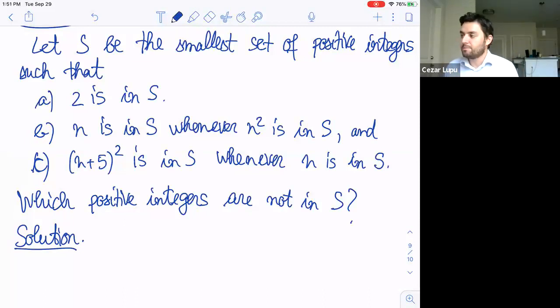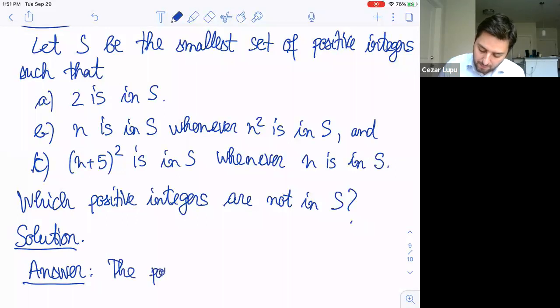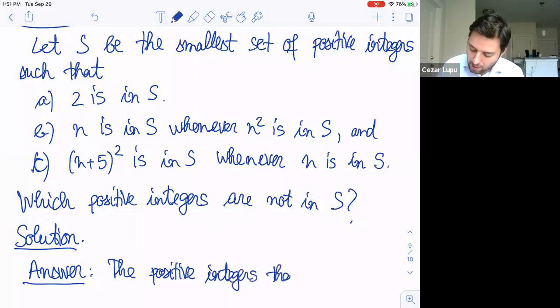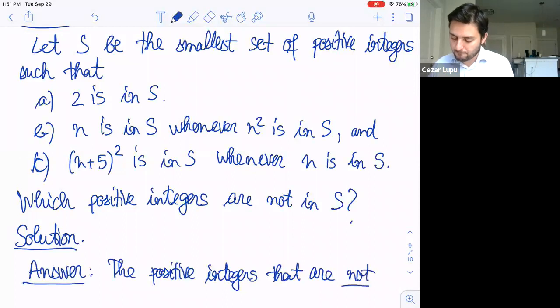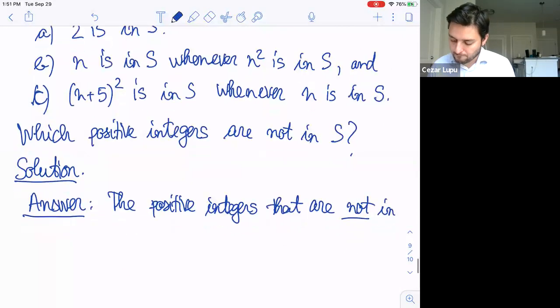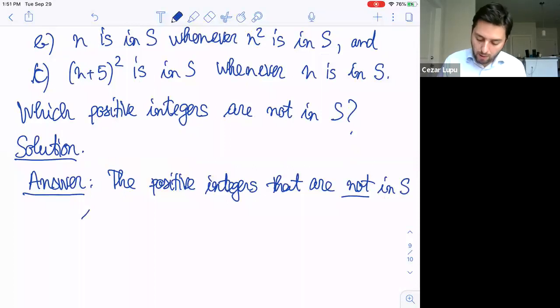Well, so the answer is the following. Maybe I'll justify this next time. The positive integers that are not in S are 1, right?